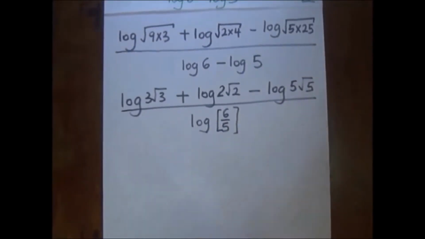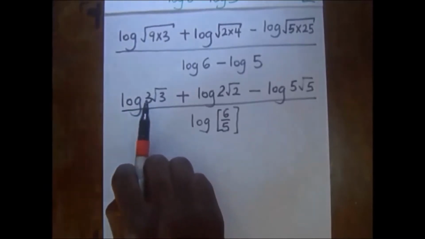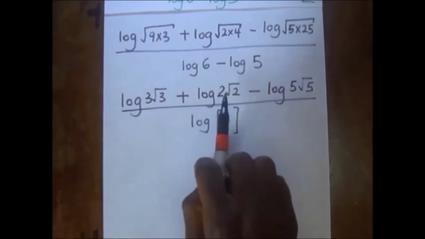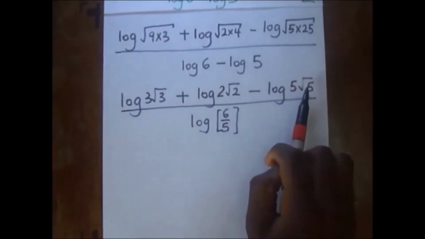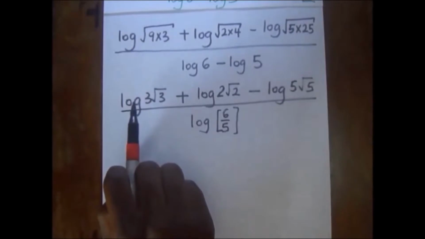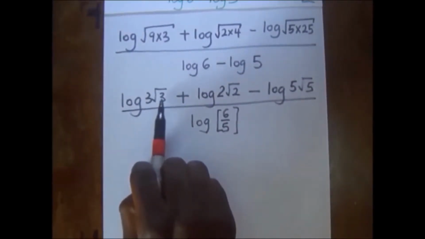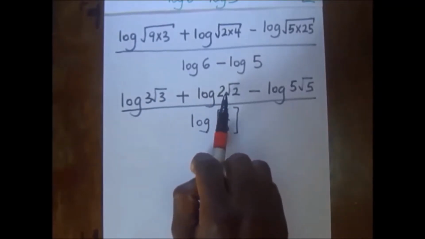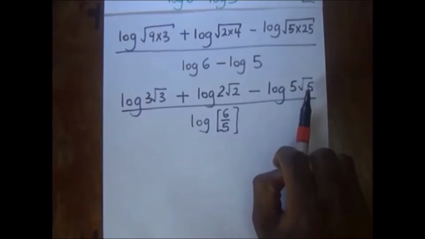We continue with our manipulations. Now log of 3 root 3 is the same as log of 3 times root 3, this is log of 2 times root 2, and this is log of 5 times root 5. From our law of logarithms, this is the same as log of 3 plus log of root 3, log of 2 plus log of root 2, and log of 5 plus log of root 5.